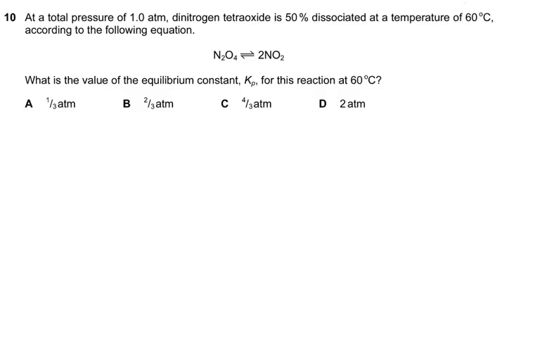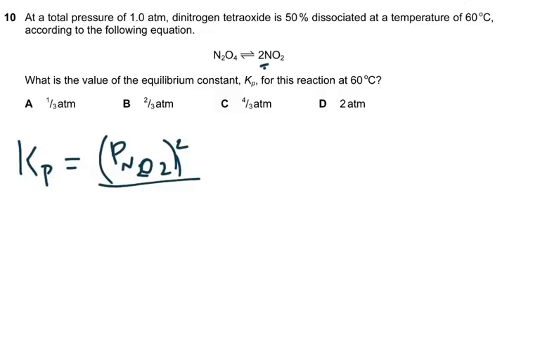Now, we have an issue here. How to solve this question? First, think of Kp. Kp is the pressure of product times the stoichiometry ratio of the product over the pressure of reactant. So we know it's PNO2 to the power of 2 over PN2O4. When I say PNO2, I mean the partial pressure of NO2.